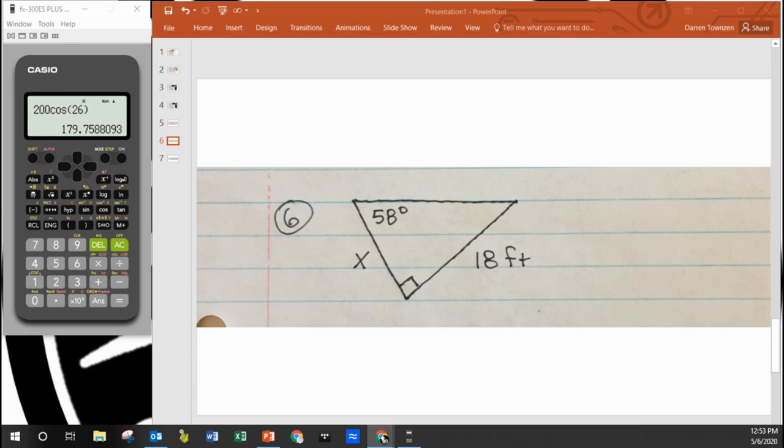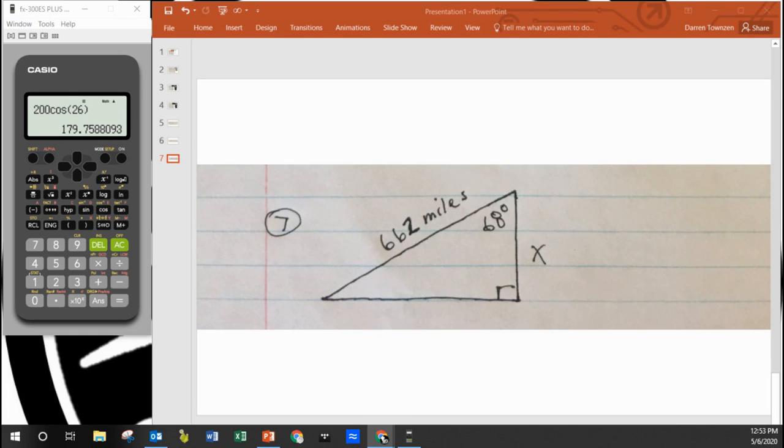You need to find the equation, and you need to find the answer. Here's the last problem. You have a 68-degree right triangle, and you need to find the length of this side right here with the x. You need to find the equation, and you need to find the answer.